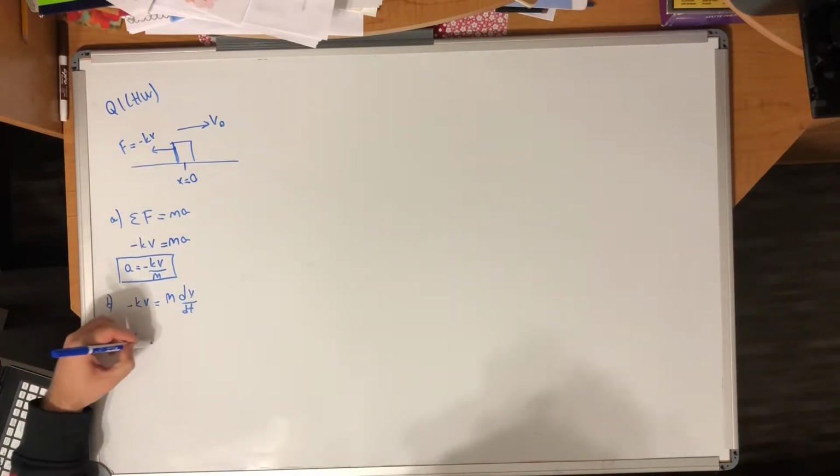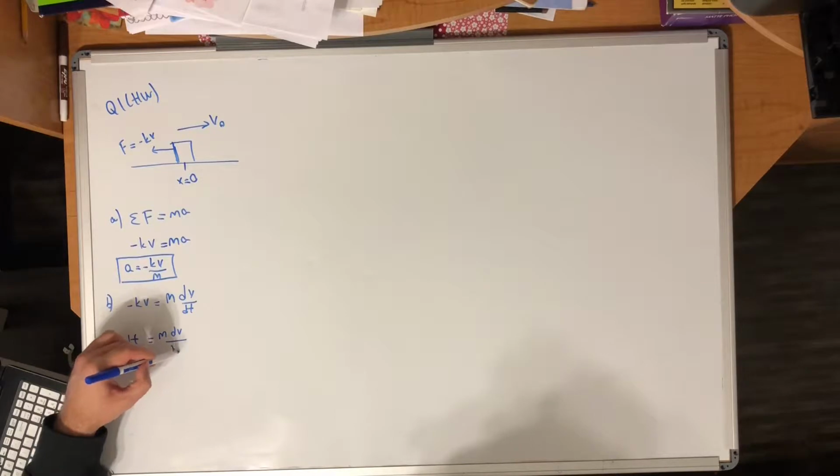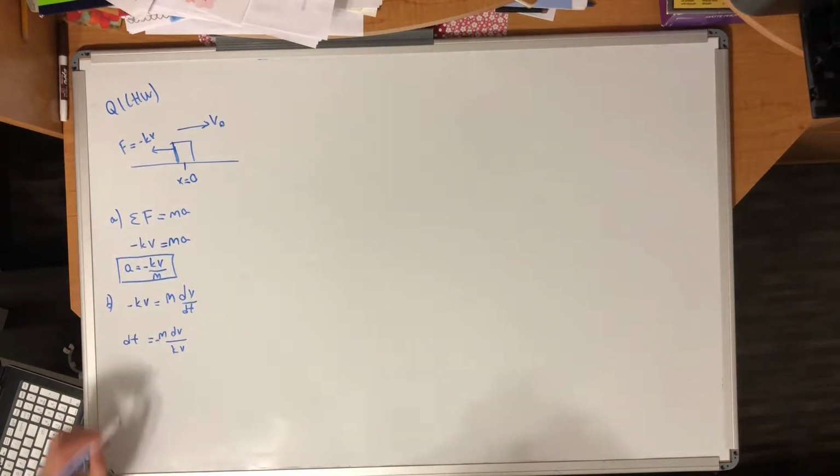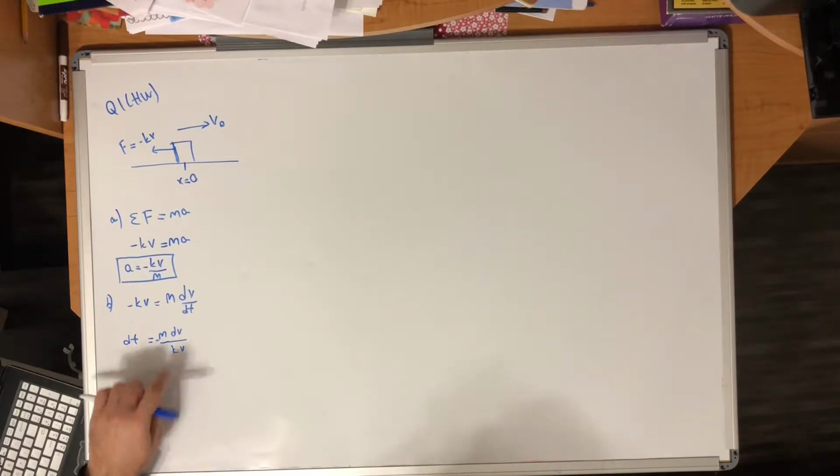So dt equals m dv divided by kV, but there is a negative in front. It is going to be a very simple integral actually, because as you can see there is only one thing. On the previous ones you have a minus something, but now you just have one function. So that means the integral can be done simply.